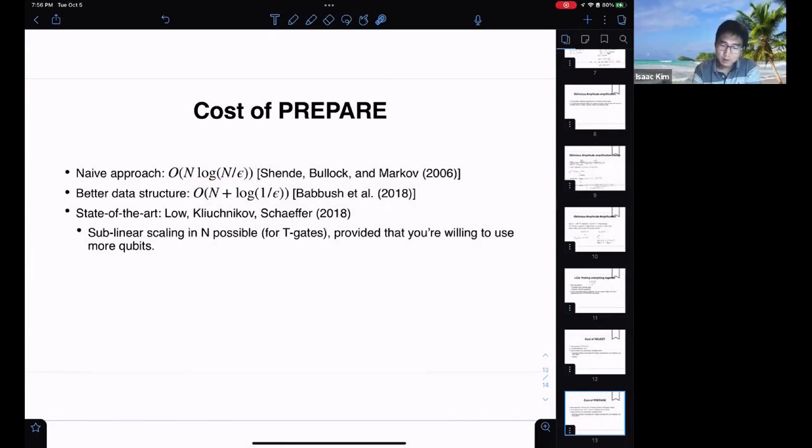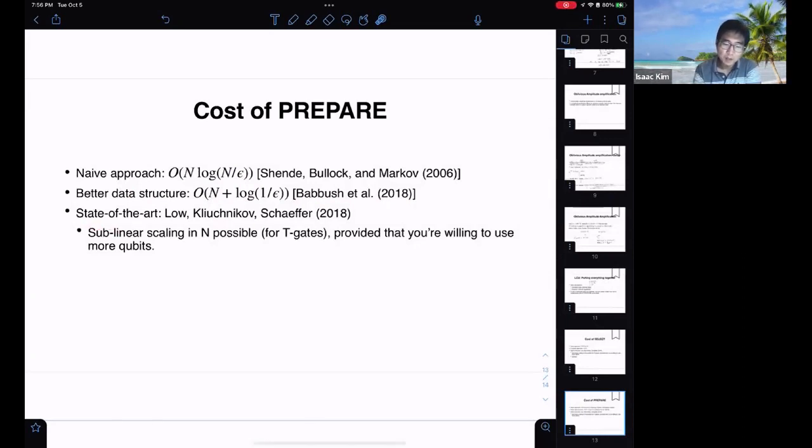And then there was a very nice paper by Babbush et al. from the Google folks who managed to actually separate out this log 1 over epsilon factor. And the constant in front of this n is actually pretty modest. It's like 4 or something, so it's very nice.